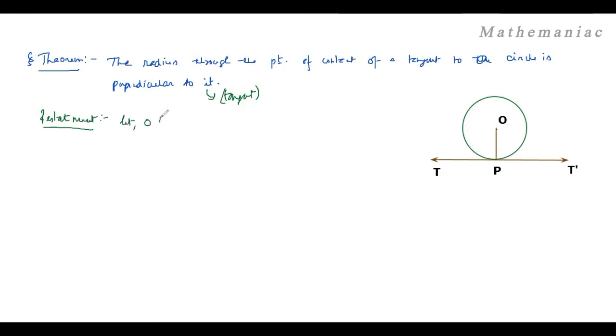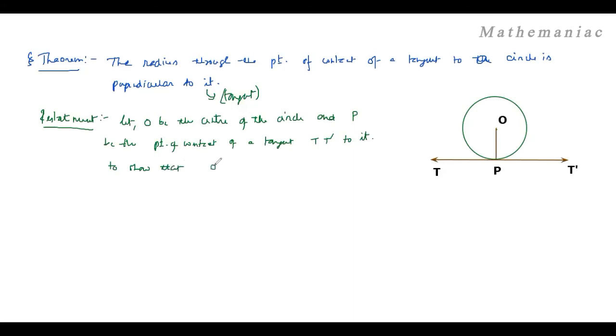Let O be the center of the circle and P be the point of contact of a tangent T dash to it, to show that OP is perpendicular to T dash.